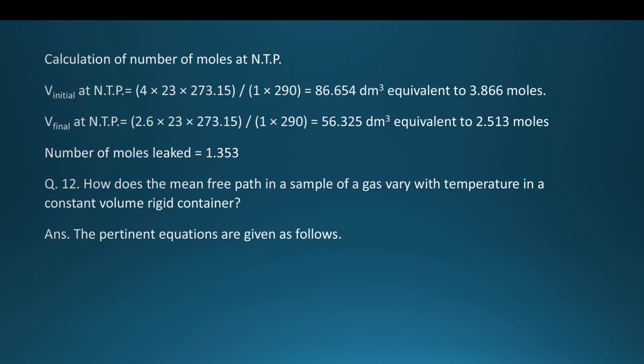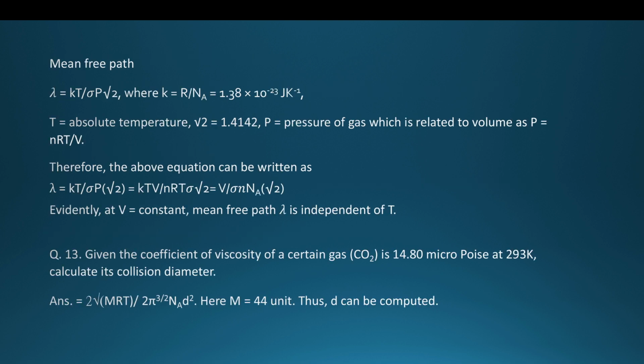How does the mean free path in a sample of gas vary with temperature at constant volume in a rigid container? The equation is given here. It shows that at constant V, the mean free path is independent of temperature.